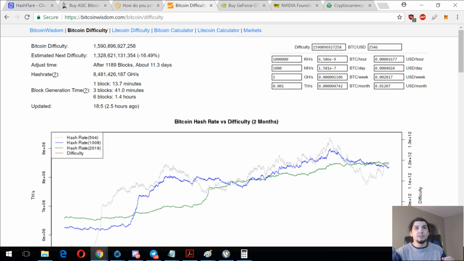Blocks are being generated slower, so difficulty will go down. That way profitability goes up and blocks start getting mined faster. It's built into the Bitcoin algorithm to keep the whole system running at the same pace, keep transactions getting processed at about the same pace. So that's a great website that you guys can use.